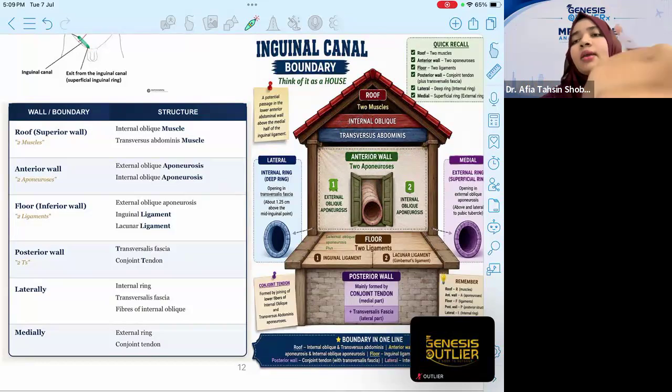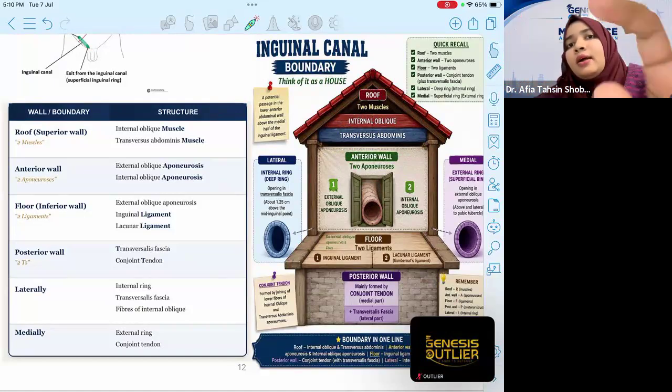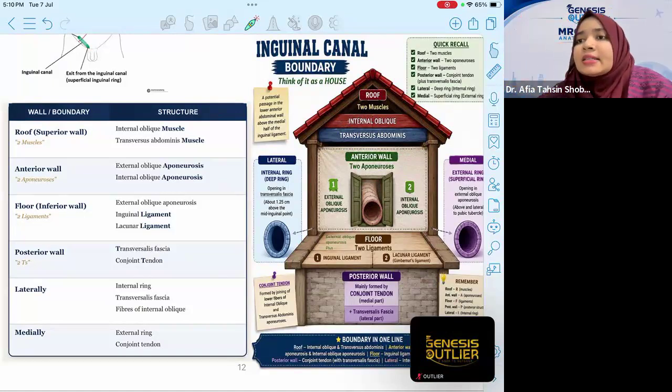Then come to the anterior wall of this house. The anterior wall is comparatively less strong than the roof. So here two aponeuroses will form the anterior wall: external oblique muscle aponeurosis and internal oblique muscle aponeurosis.